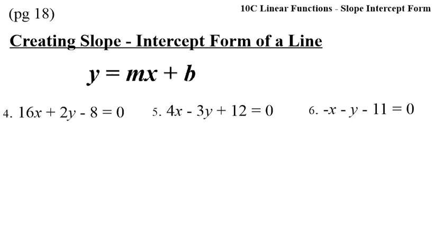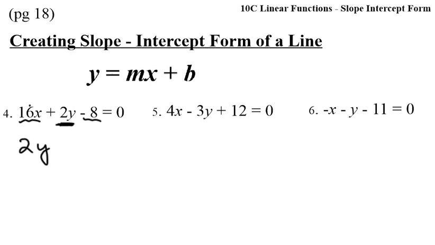4, 5, and 6, a little bit more involved here. Well, for 4, we need to get y by itself. So the first thing is I want to move everything away so that I can just have this y term by itself. So if I have a 2y, I want to get rid of this 16x, and I want to get rid of this -8.